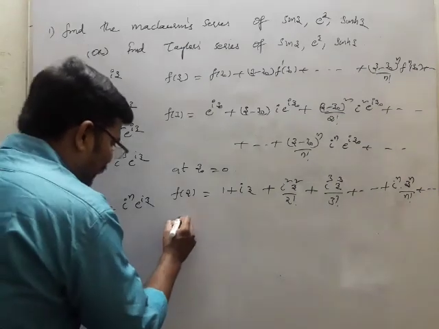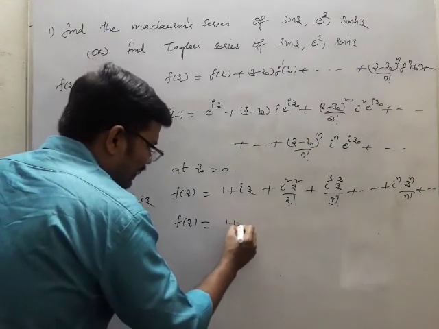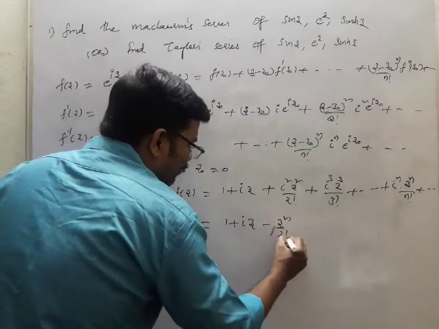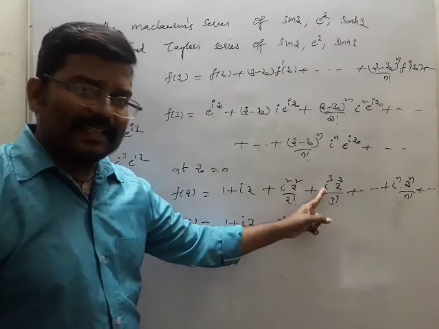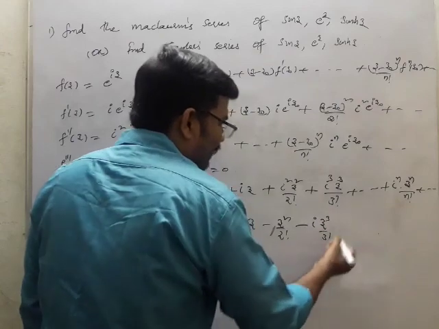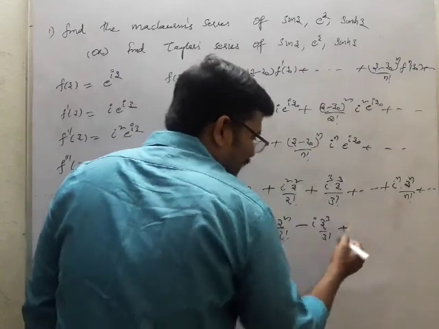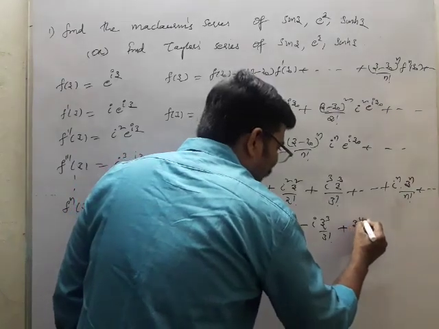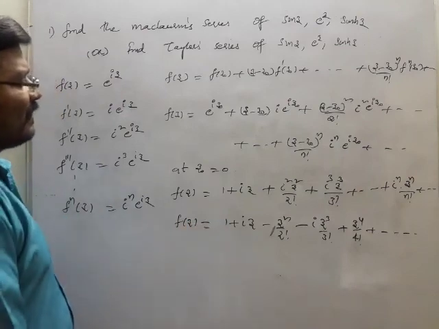So if you simplify, f of z is equal to 1 plus iz minus z square by 2 factorial minus i, since i square is minus 1, so minus i z cube by 3 factorial plus and so on, plus i power 4, which is i square into i square, minus 1 into minus 1 plus 1, so z power 4 by 4 factorial plus and so on. Now this is the value you got.